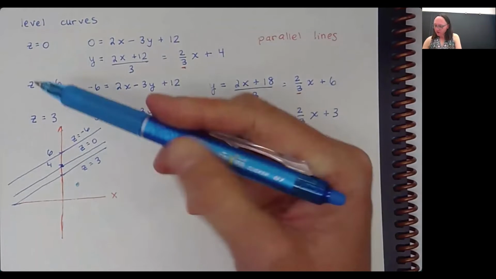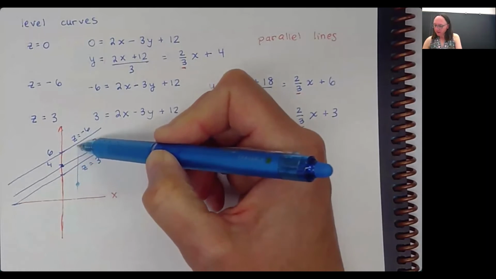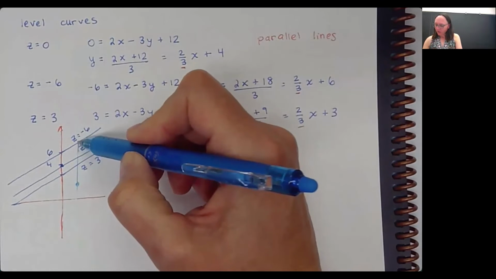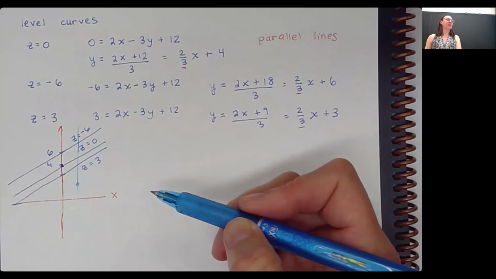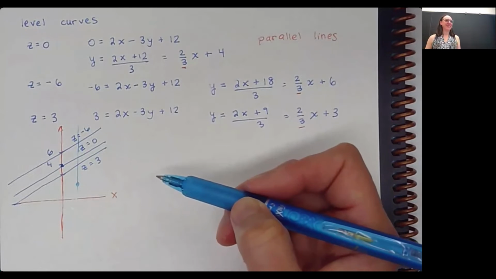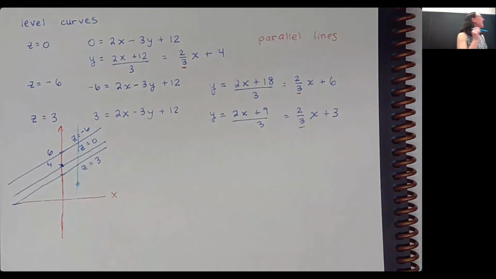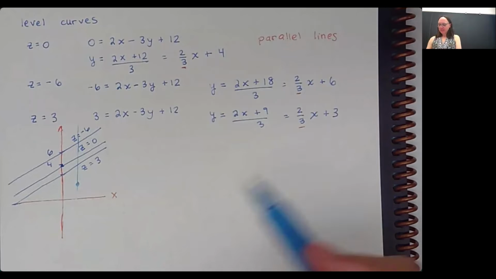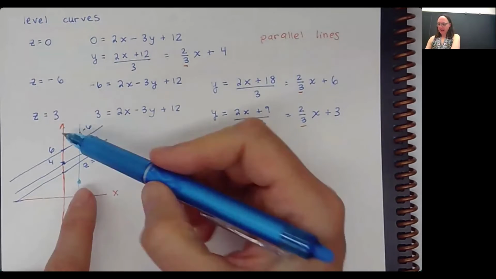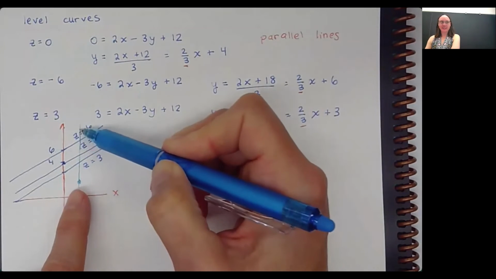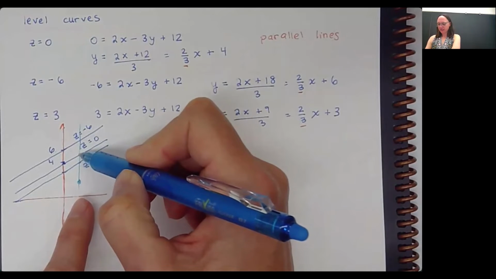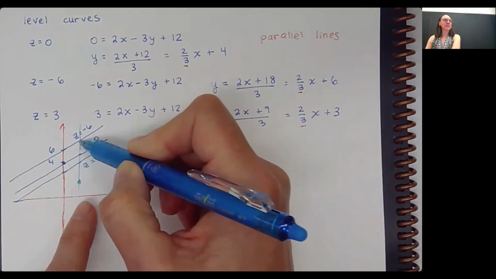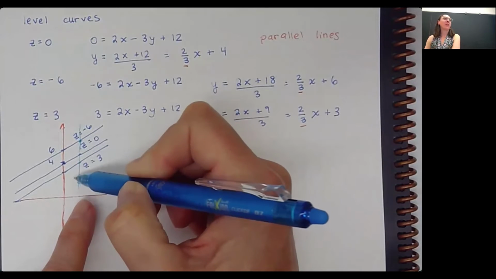As I'm moving in this direction, am I going up or downhill? I know it's a really weird question to ask, but it's one way that we can interpret these level curve graphs. So if I were standing at this point and I moved in the direction of the y-axis, I'm at a height of 3 and then a height of 0 and then a height of -6. So I'm moving downhill.